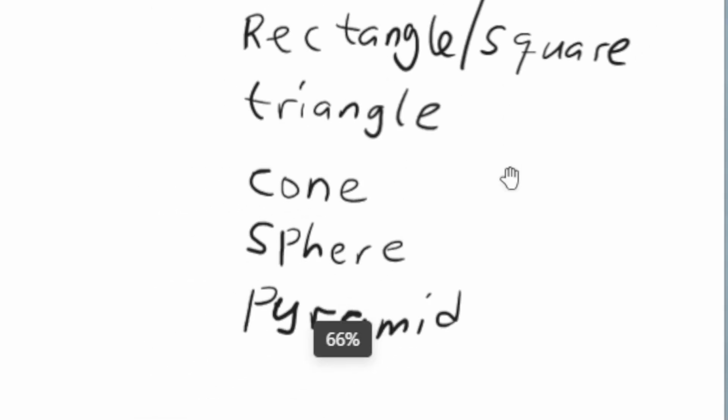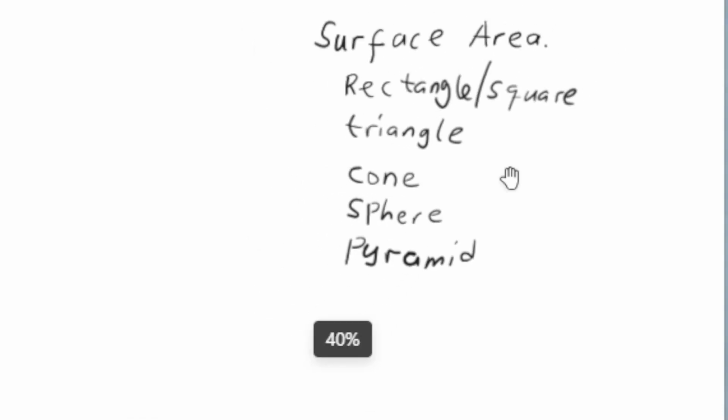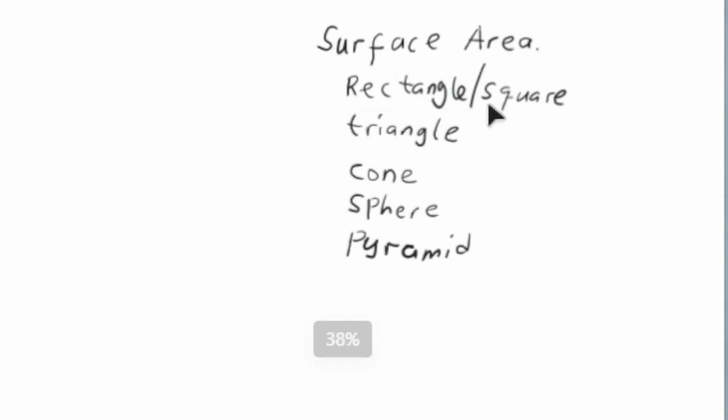So this is what we will look at: the surface area for rectangle, triangle, cone, sphere, and then pyramid. So that is what we'll be looking at.